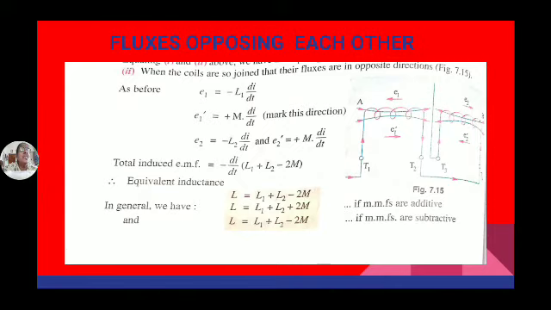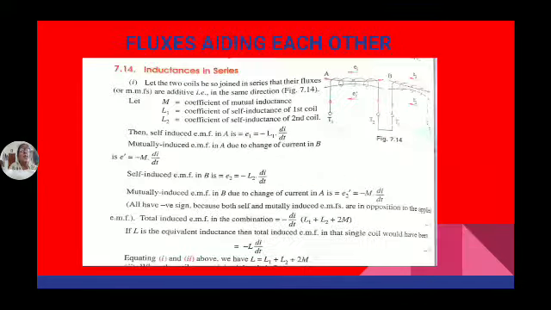So here the connection is given such that, actually here we are having 4 terminals. Inductor 1 has terminals T1 and T2, and inductor 2 has terminals T3 and T4. In the previous case T2 is connected to T3, so that the fluxes developed in both the inductors are in the same direction.